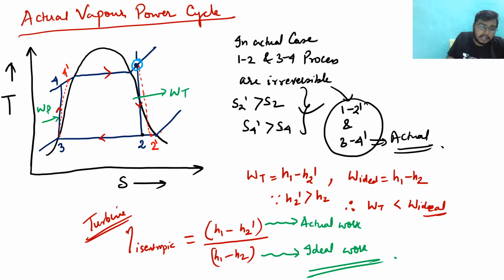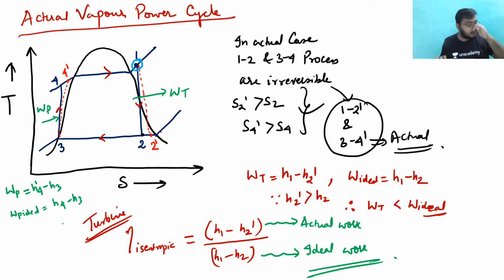So I can say that the actual feed work will be what? H4 dash minus H3. See, I am writing here. So work done by pump would be H4 dash minus H3, and the work done by the pump, which is ideal, that would be H4 minus H3. Is this clear to you or not?